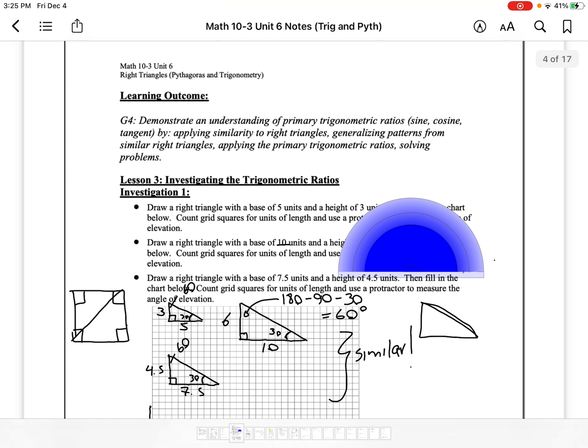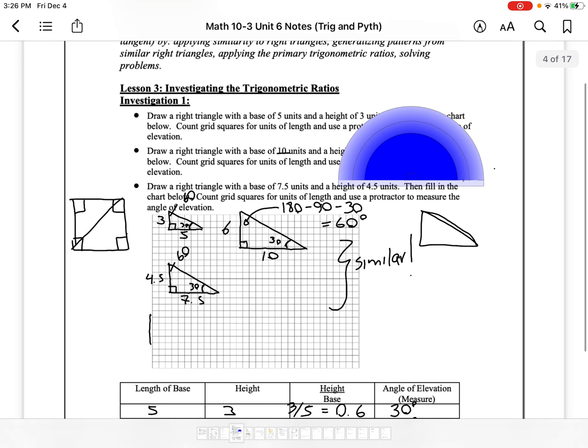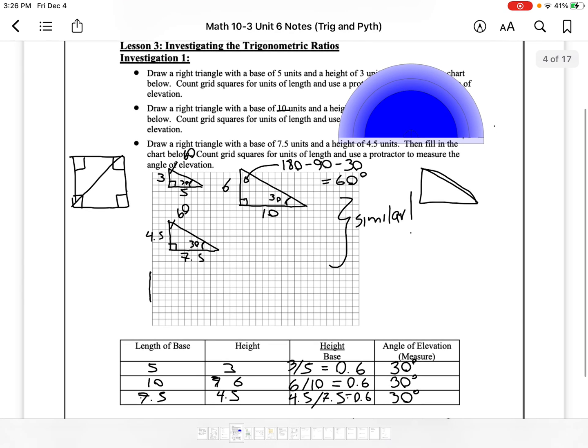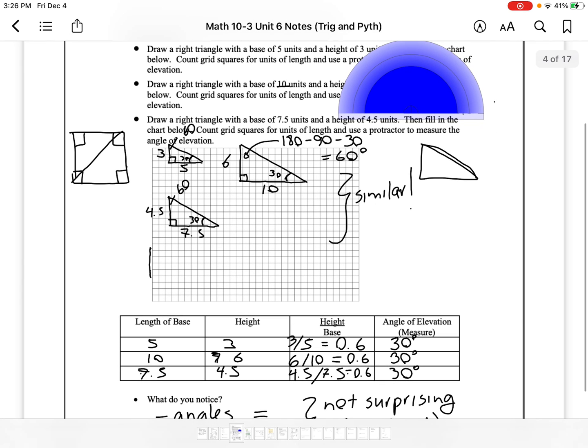What we did to learn a little bit about trigonometry was we did some investigations with similar right triangles. So we drew a bunch of right triangles that were proportional to one another. And they are here right now. What you're looking at are the diagram of these similar right triangles.